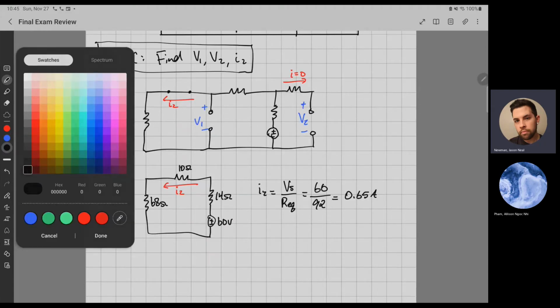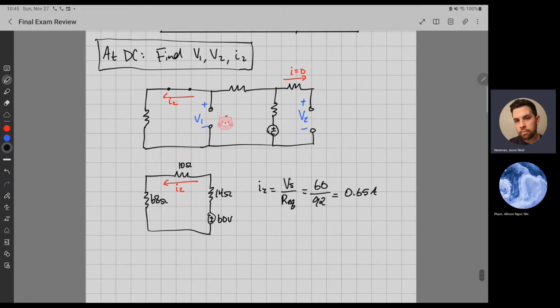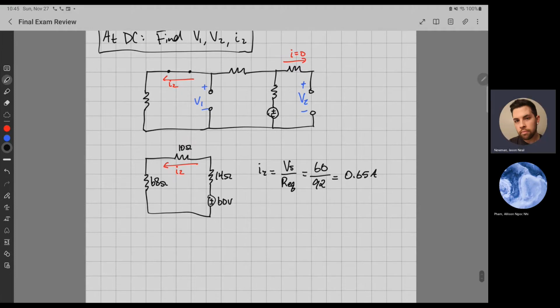And now we need to find the voltage across V1 and the voltage across V2 still. So the voltage across V1, let's go back up to this circuit now instead of this one, even though this is essentially the same thing. But let's just look at this one real quick. So V1, well, the voltage across this, since this is a wire, is the same voltage here.